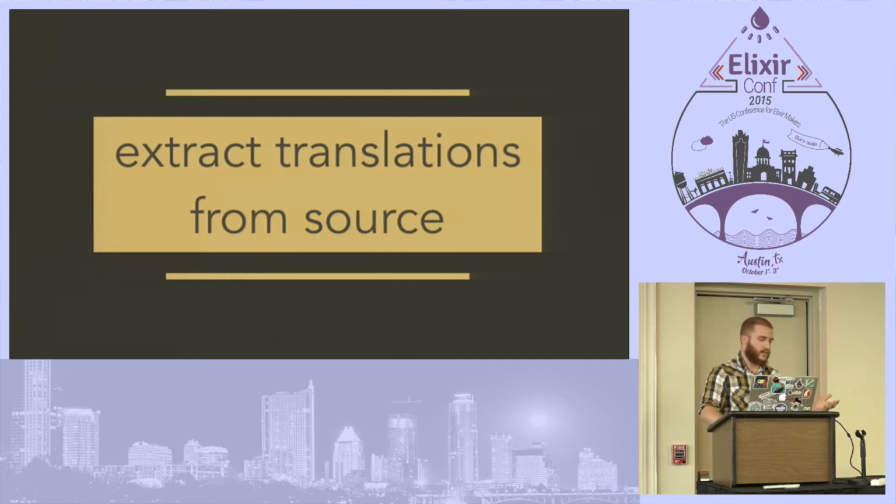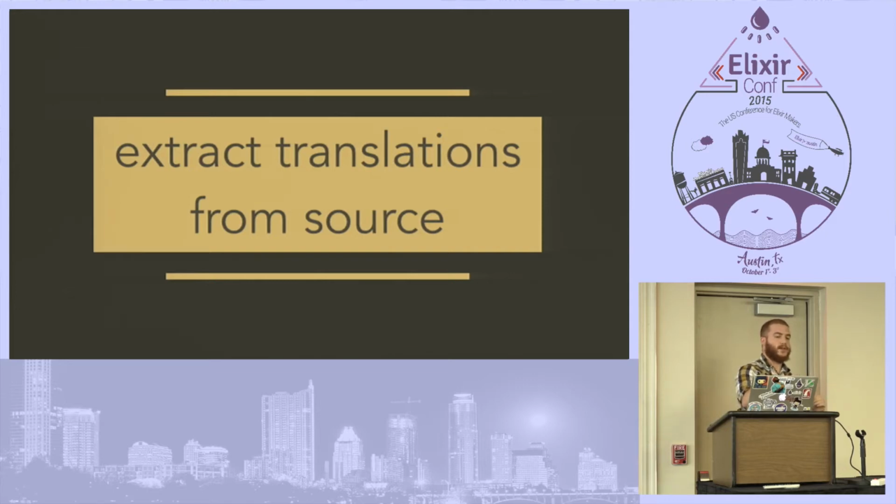So the idea behind Gettext is you always wrap strings that you're planning on translating inside calls to a Gettext function, right? And that function by default returns the string you pass to it. So it's transparent. And when you want to start internationalizing your application, you extract translations from the code base.